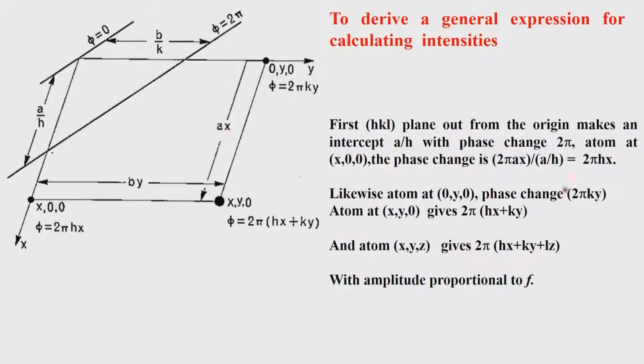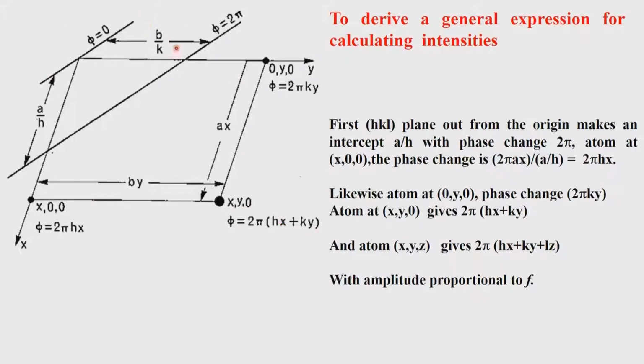So, in the case where the atom is sitting at x y 0, let us say we have an atom here, what we have to do is to draw a line parallel to that, calculate the capital D HKL, and the small d HKL is already available, and therefore, the atom is at x y 0. So, the corresponding phase will be 2 pi times h x plus k y, h x due to this direction, k y due to that direction, and therefore, we have x contribution, y contribution both taken into account. So, the phase change will be phi equals 2 pi times h x plus k y.